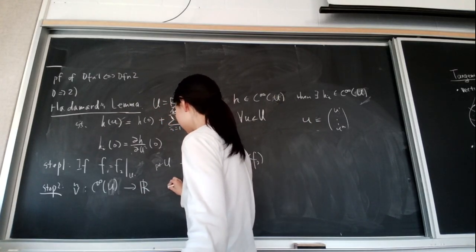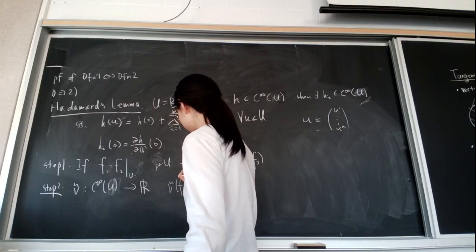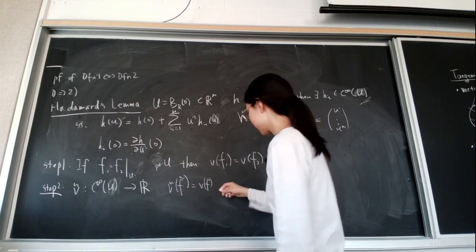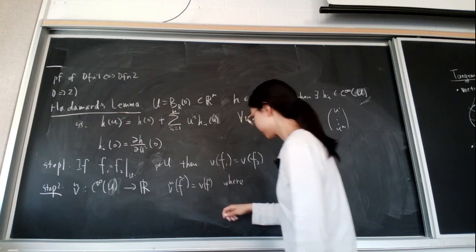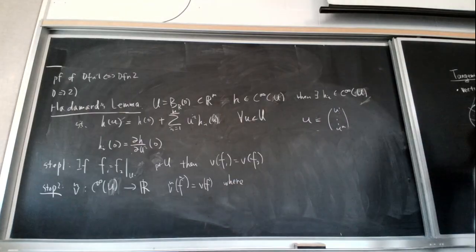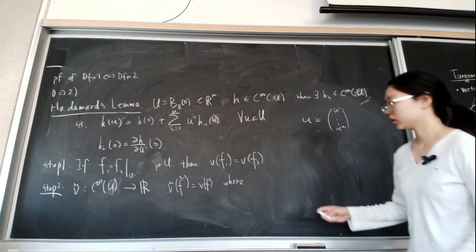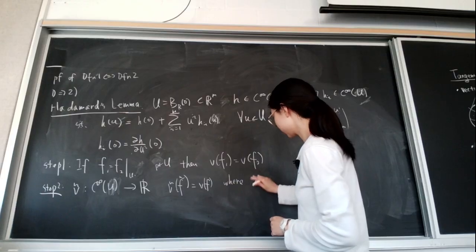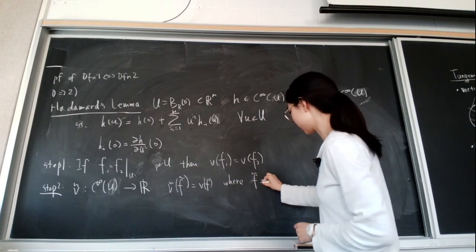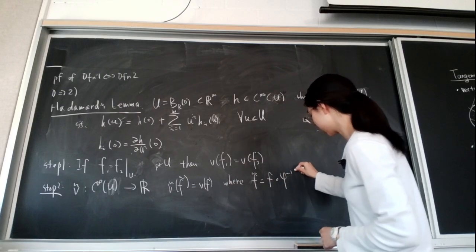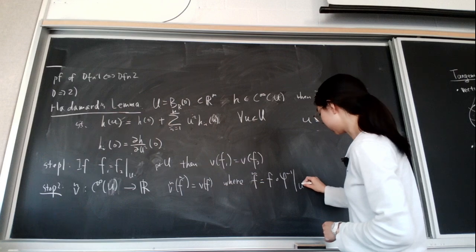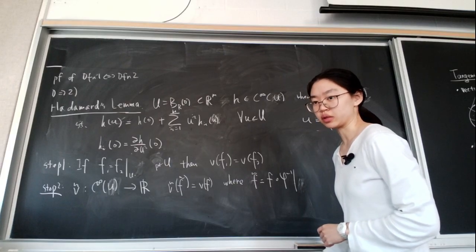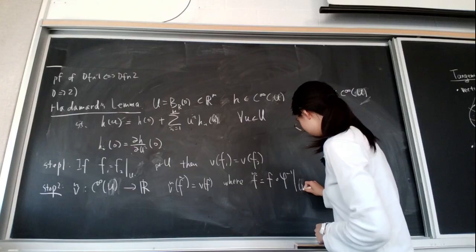We want to define it such that V tilde applied to F tilde is equal to V of F, where V is a linear map that satisfies the product rule on C infinity of M, and F tilde is equal to F composed with phi inverse restricted to U. Actually, it doesn't have to be U, some open neighborhood around the point P.